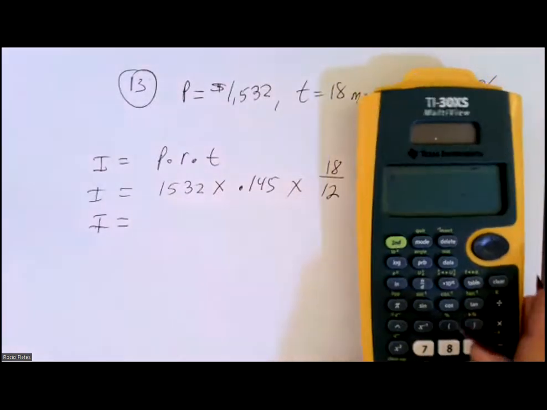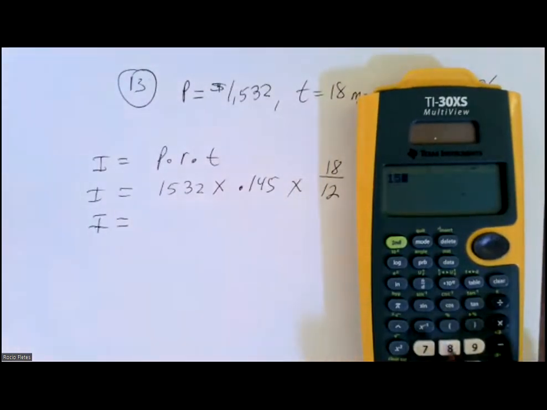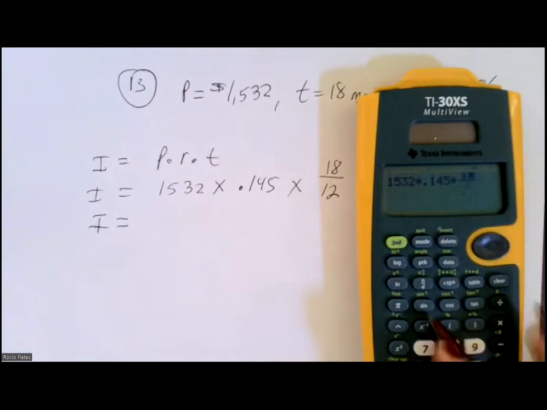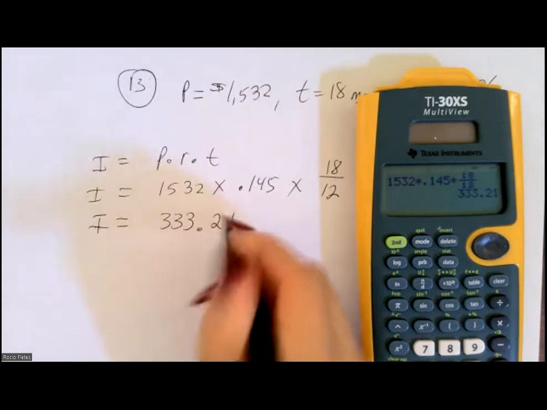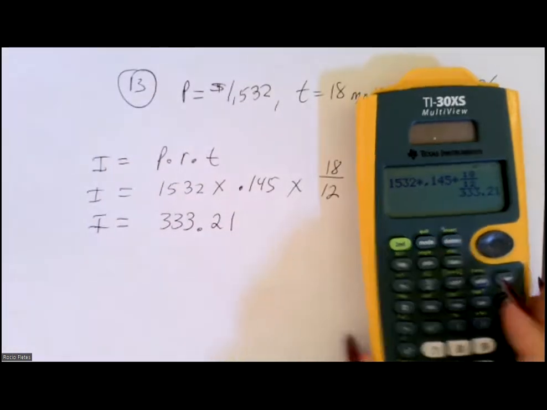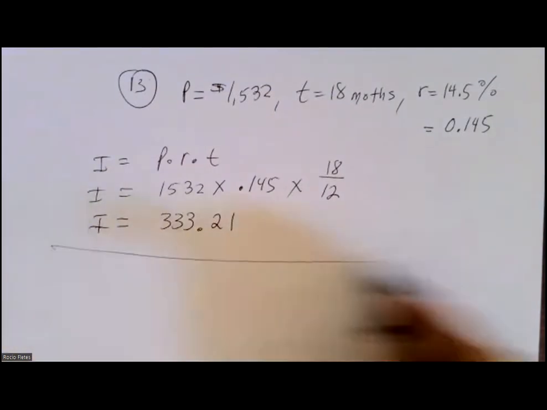So 1,532 times 0.145 times 18 over 12, and we get interest of $333.21, which we have to add to the principal.